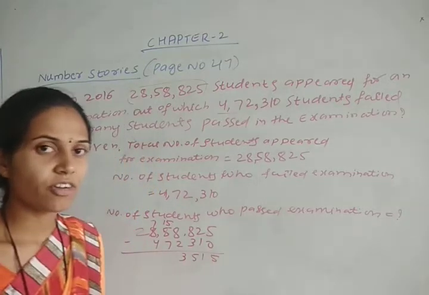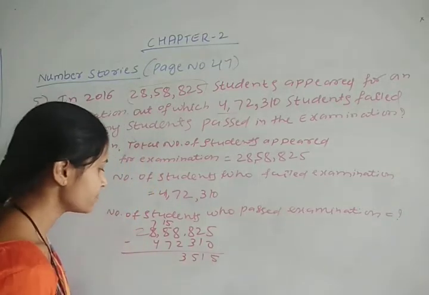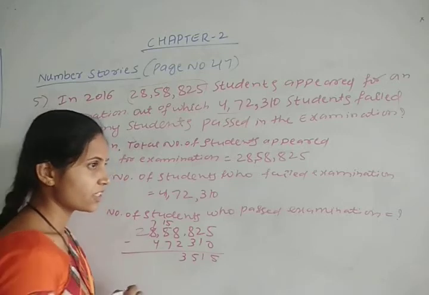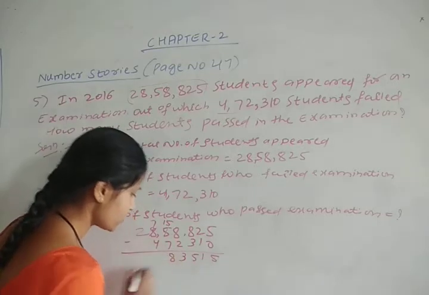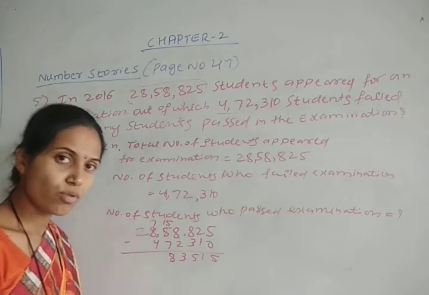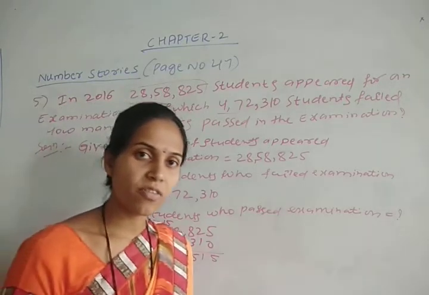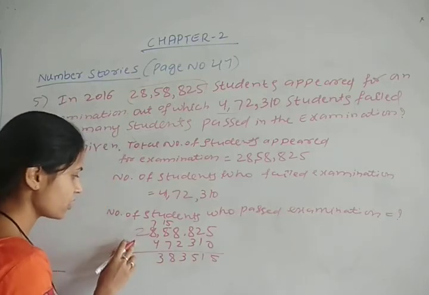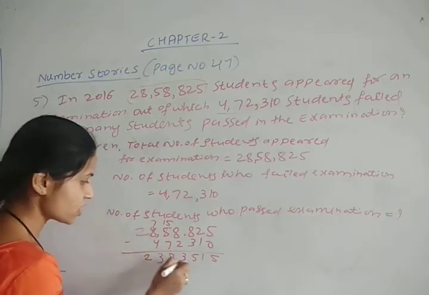If we subtract 7 from 5, we are left with 8. Now 7 minus 4. If we subtract 4 from 7, we are left with 3. Now write 2 as it is.